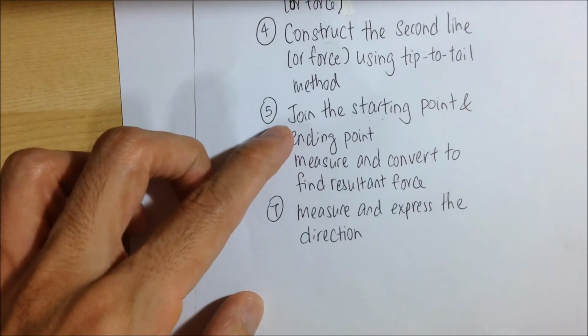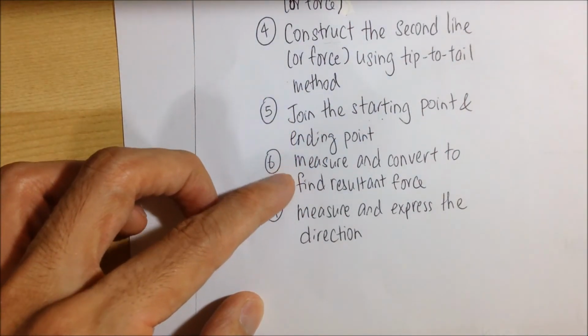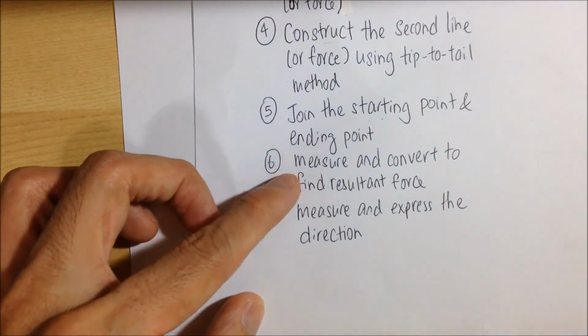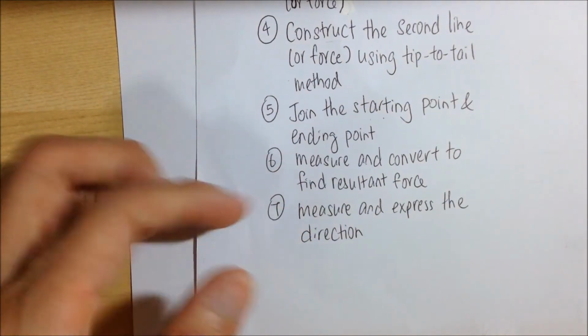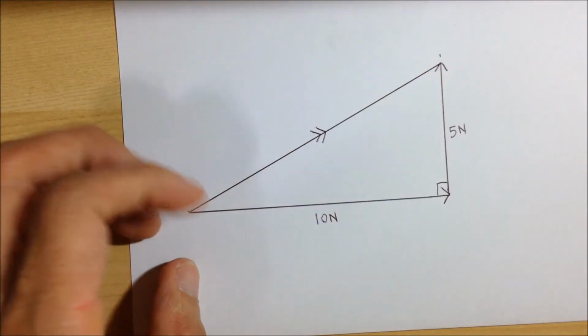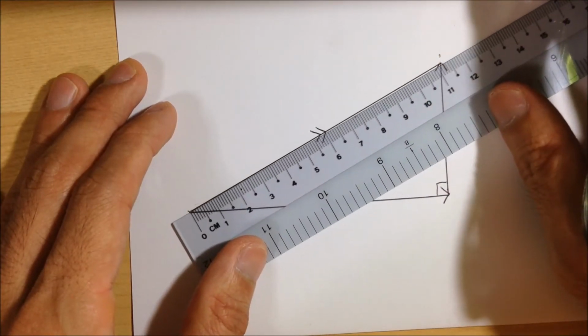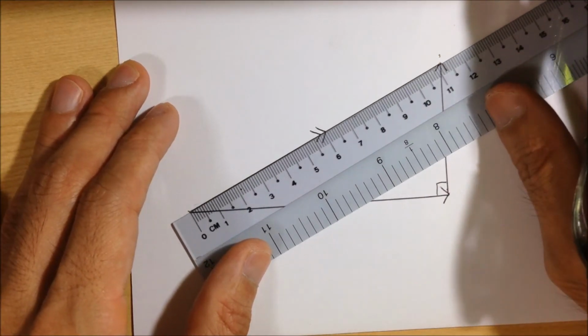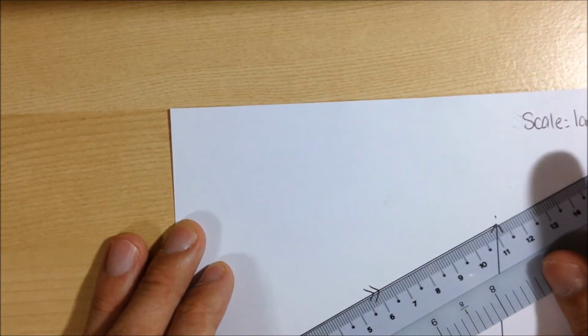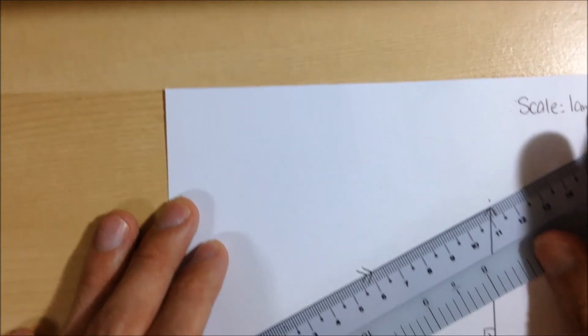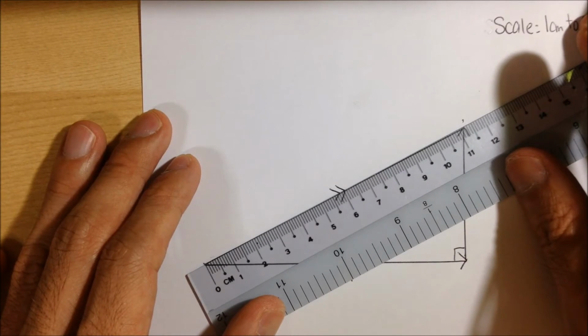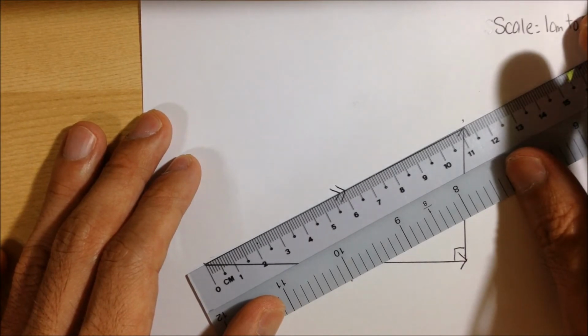So we have joined the starting point and ending point, so we need to measure and convert the resultant force to find the resultant force, as well as to measure and express the direction. So how do you find the resultant force? After I measure this, the value shows me to be 11.3 cm.